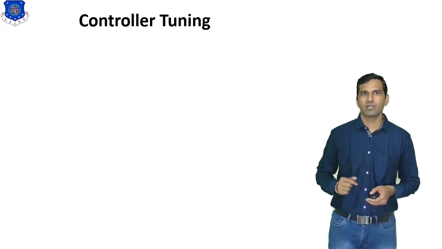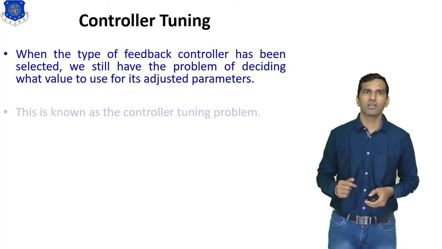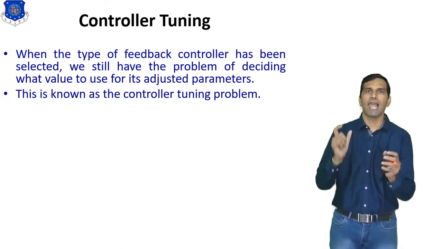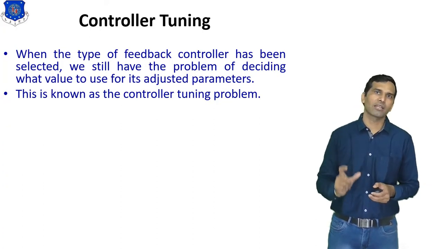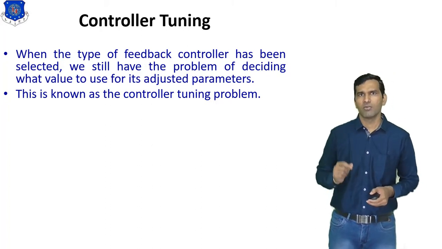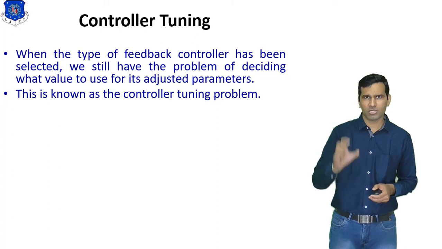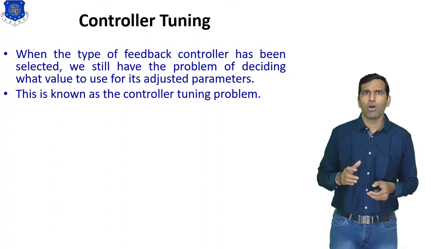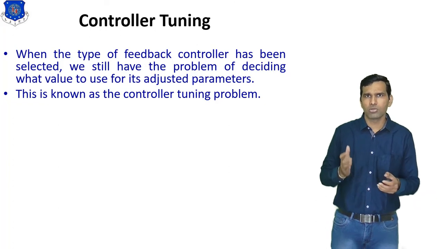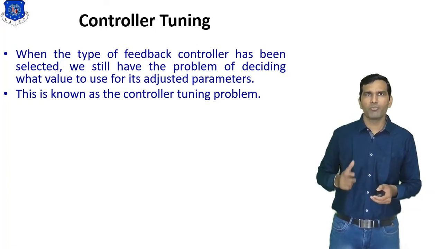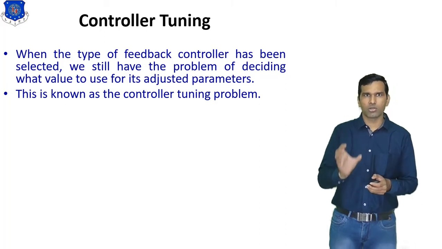So we discuss controller tuning first. When the type of feedback controller has been selected, that means we select which type of controller we have to use: proportional controller, or integral, or maybe a combination controller like the PI controller or PD controller. We choose that controller.